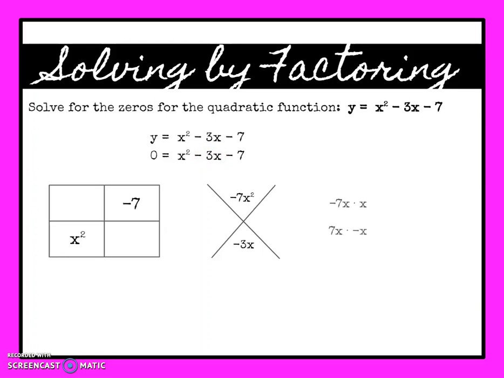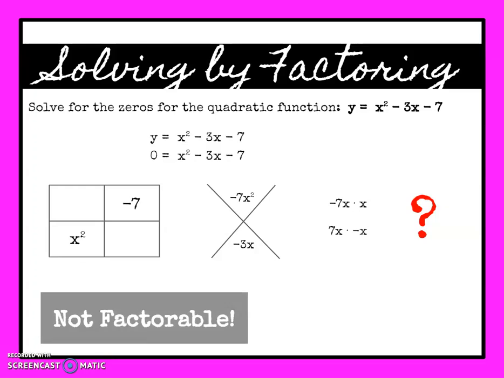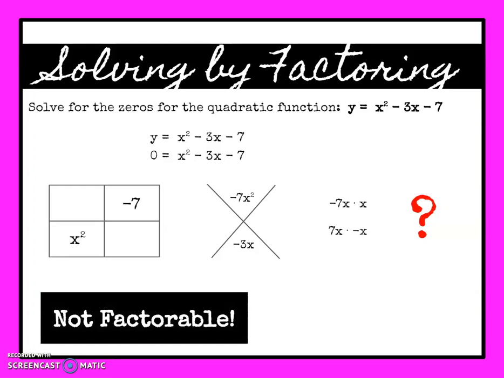Now the factors of -7x squared are -7x and x, and +7x and -x. But what do you notice? Neither of these pairs of factors are going to add to give me -3x, so we're stuck. We're not able to factor this equation, x squared minus 3x minus 7.